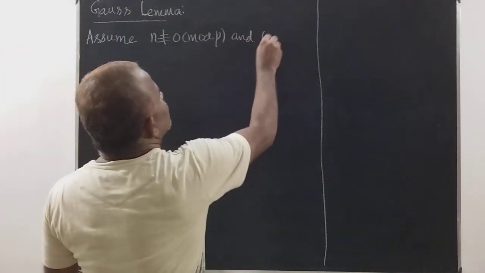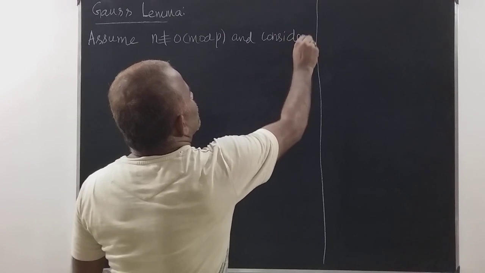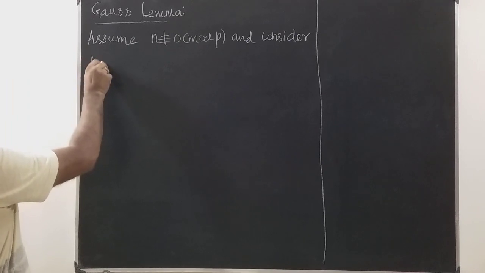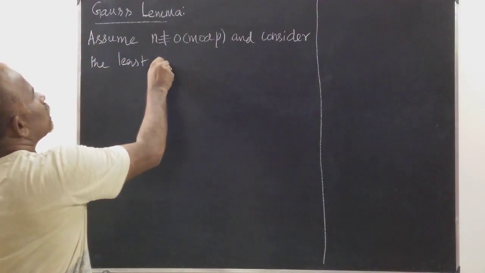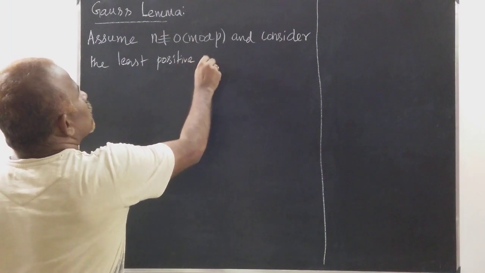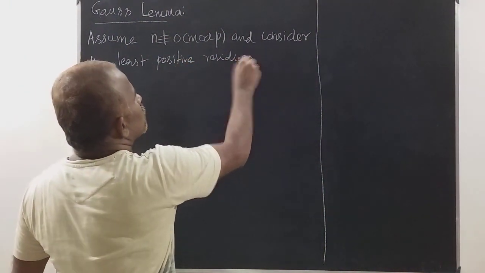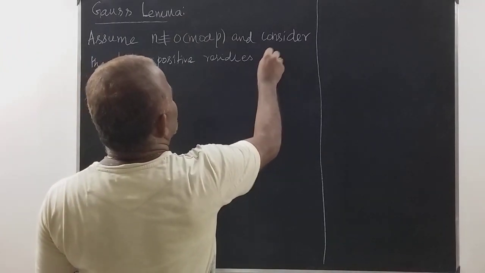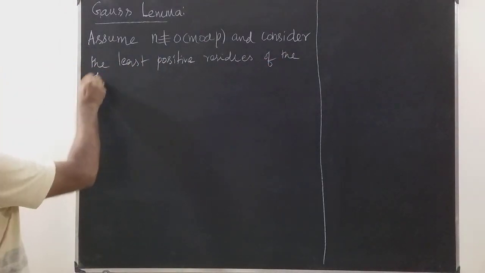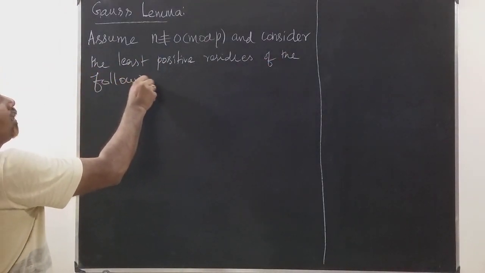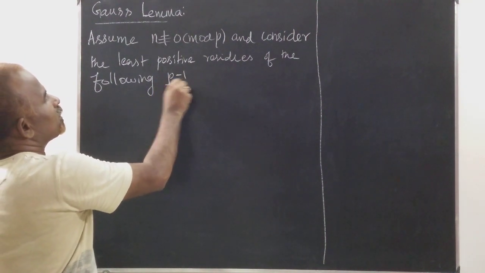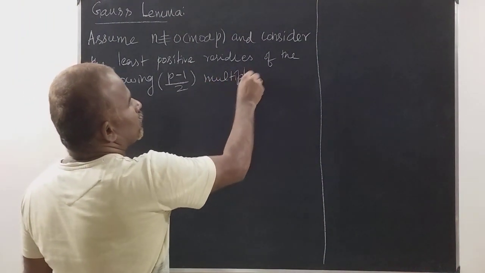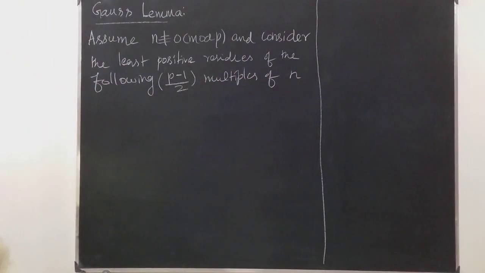And consider the least positive residues of the following (p minus 1)/2 multiples of n.